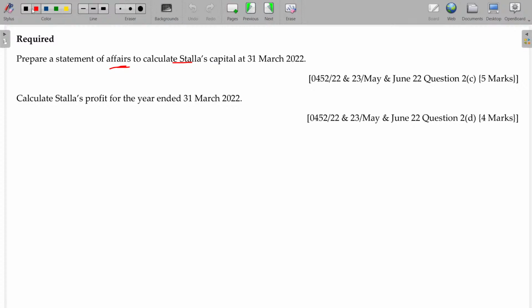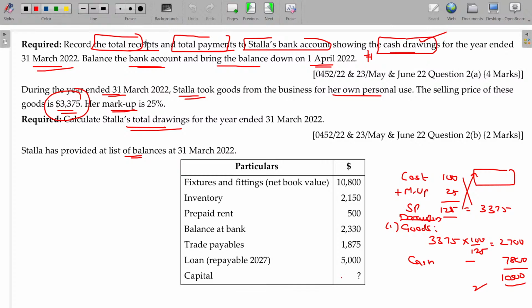The statement of affairs is nothing but a normal financial position statement. The difference between the statement of financial position and statement of affairs is that it's rough work and will not follow the complete structure. Just to find out the missing data we prepare. Here capital is the missing data. We have to find out this.